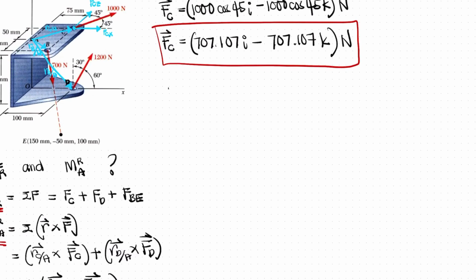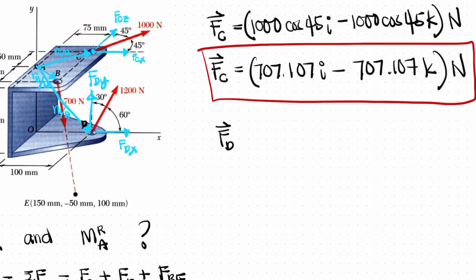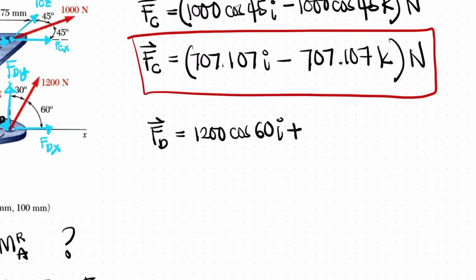Next, solve for vector force F_D. Again, it has a component F_DX and another component F_DY along the y-axis. F_DX is positive because it is to the right, 1,200 cosine 60 i, plus a positive y component because it is upward, 1,200 cosine 30 j.